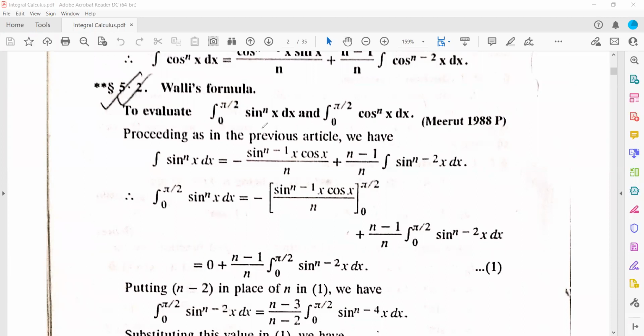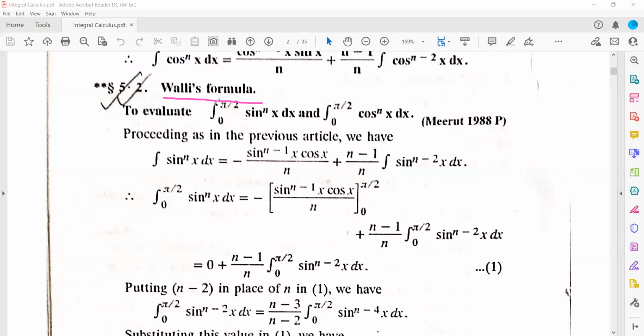If it is 0 to pi by 2 sine to the power n x dx and 0 to pi by 2 cos to the power n x dx, then only its name will be called the Wallis formula. That means after integration and after putting this limit of integration, whatever result you are getting, that expression will be known as your Wallis formula. Is that clear? Not like this 0 to pi, not for that. It is for 0 to pi by 2 only.